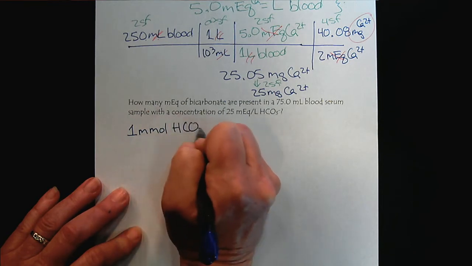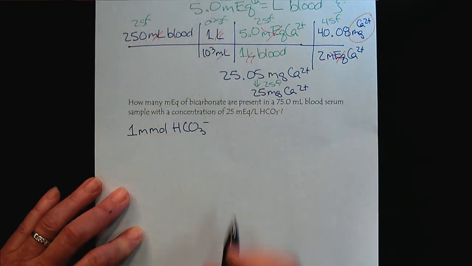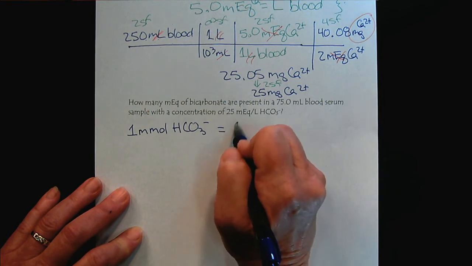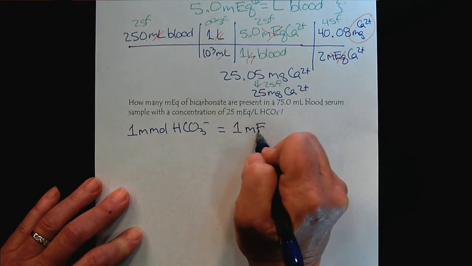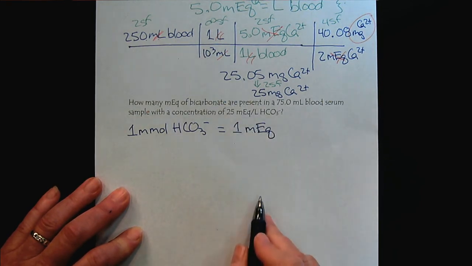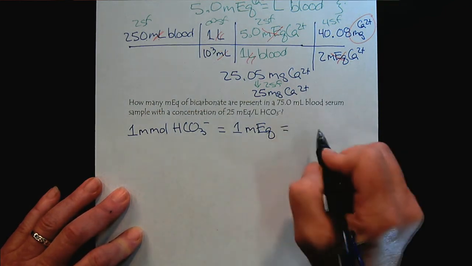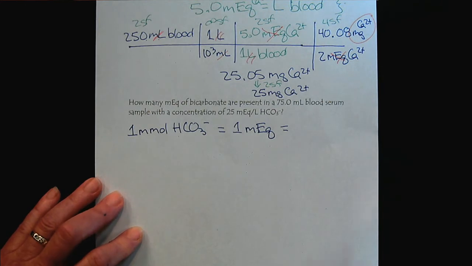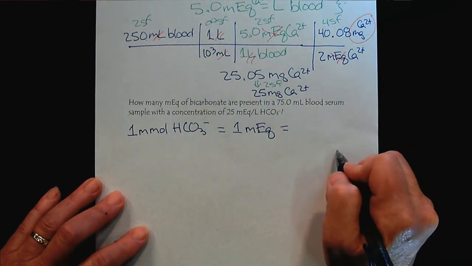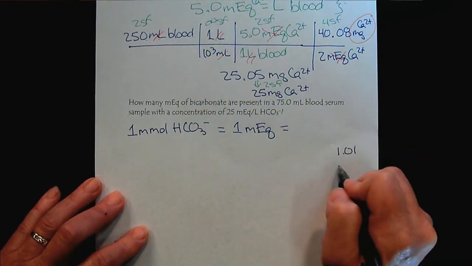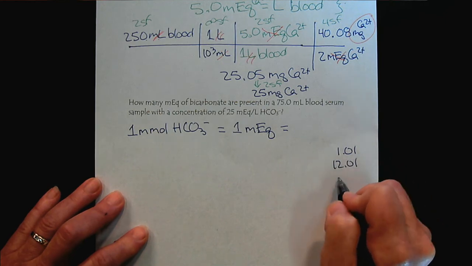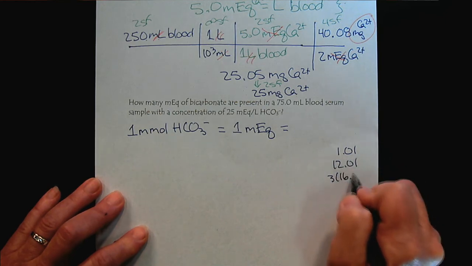So we have 1 millimole of bicarbonate, and that will equal 1 milliequivalent of charge, because there's only a charge there. And now we need the molar mass. For the molar mass, there's 1 hydrogen, 1 carbon, and 3 oxygens.